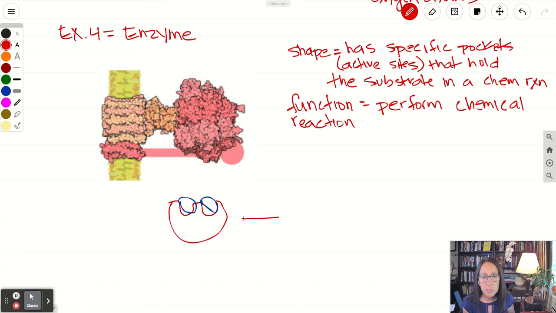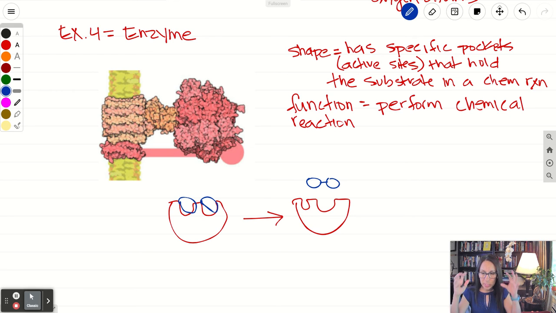And then what it's going to do is it's going to do the chemical reaction. So here's the enzyme. And it's going to combine those two substrates together to make one bigger piece. Okay, so it's two pieces, brings them together to make one big piece. That's what enzymes do. These little holes that hold the substrate are called active sites. Okay, let me just fill these in just to make it look better.